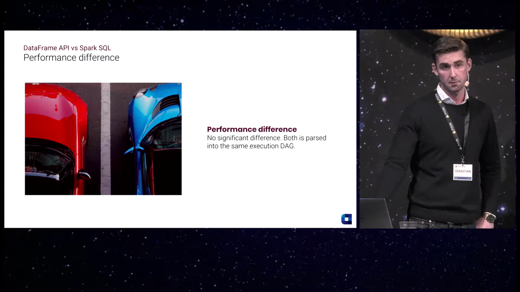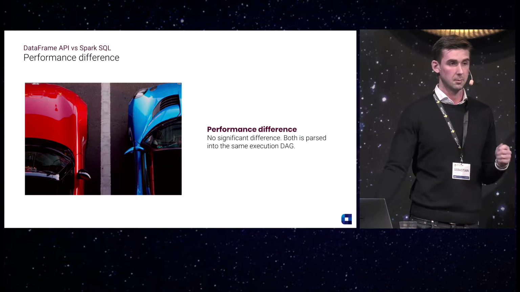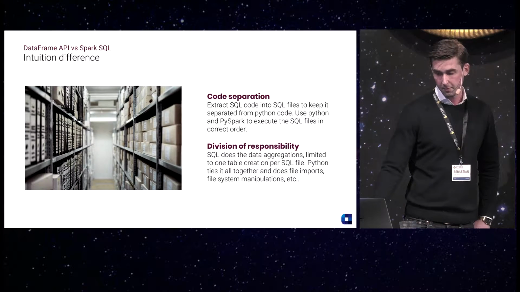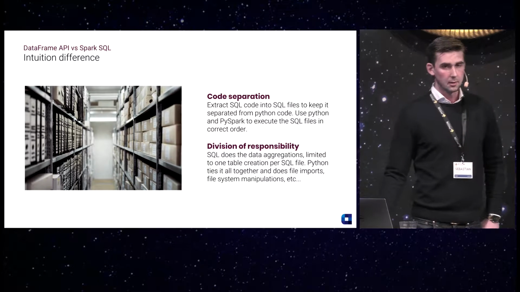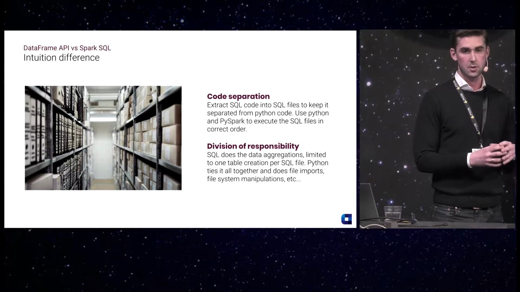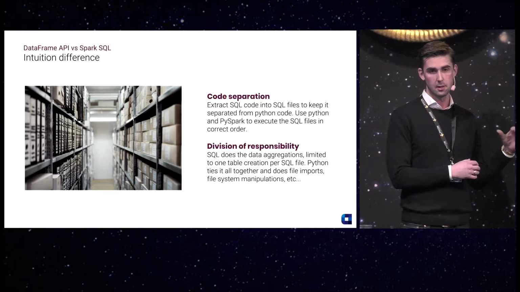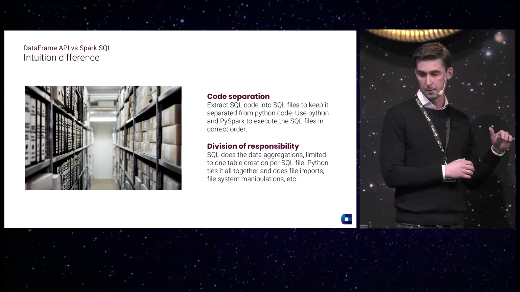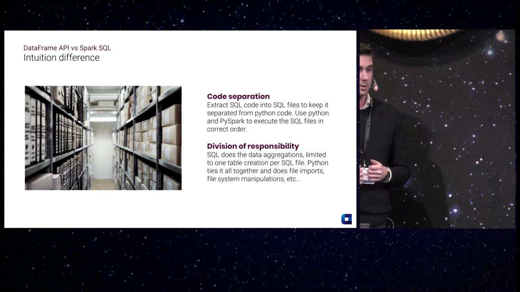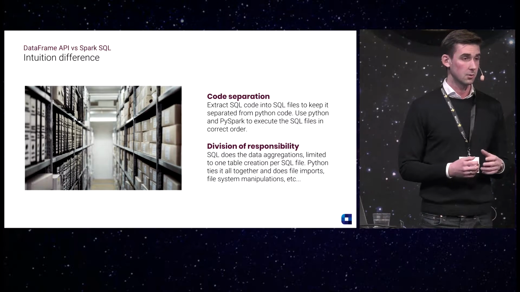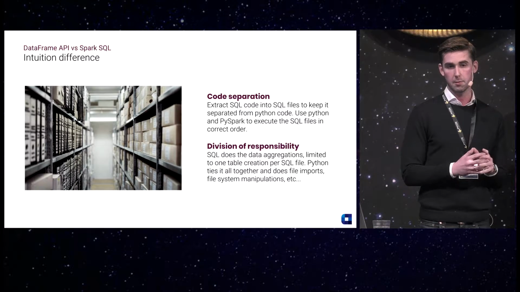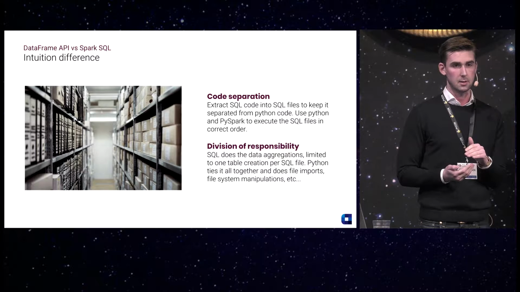Again, there is no performance difference because they are parsed into the same DAG and executed by the Spark core. However, if you do your data manipulation in SQL, you can extract all of that into SQL files and keep that outside of your Python code. And then let Python do basically the binding, which executes the SQL in the correct order, etc., and also do file manipulations. In this way, when you look at the Python file, you know that there will be no data manipulation here.